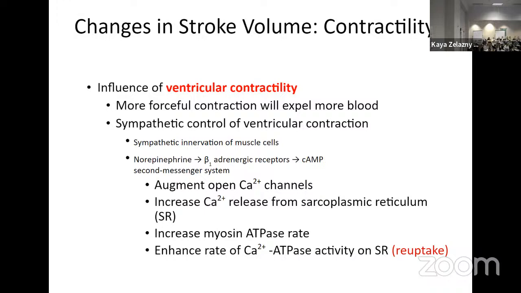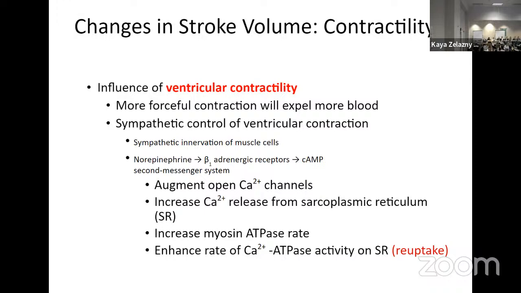So that's how stroke volume is able to happen, right? We eject that blood during our ventricular ejection phase of the cardiac cycle, okay? So if you squeeze harder, more forceful contraction, you can squeeze out more blood, higher stroke volume. Hopefully that's easy to logic through on your own, right? Like when you squeeze your tube of toothpaste too hard, too much toothpaste comes out. It's the same thing for your heart.